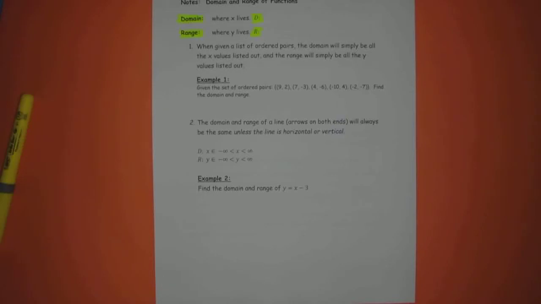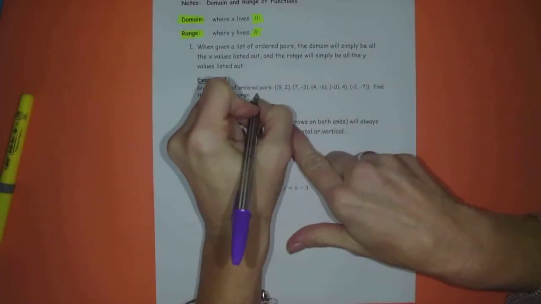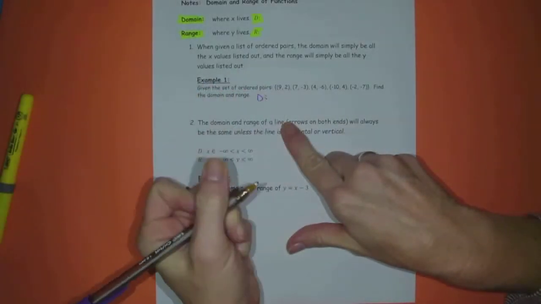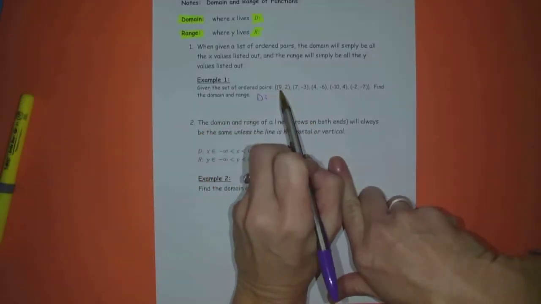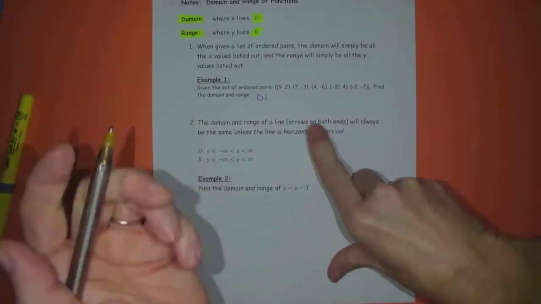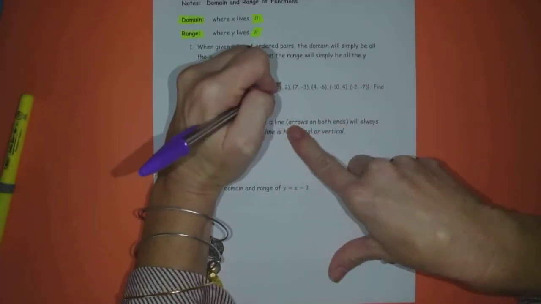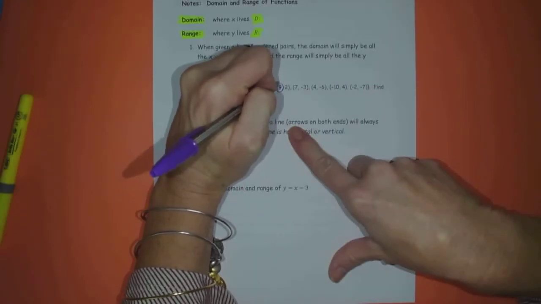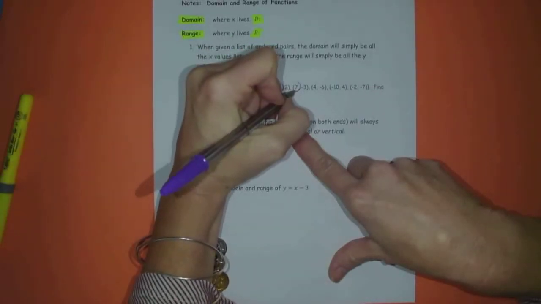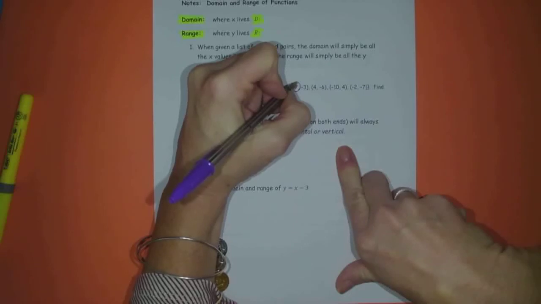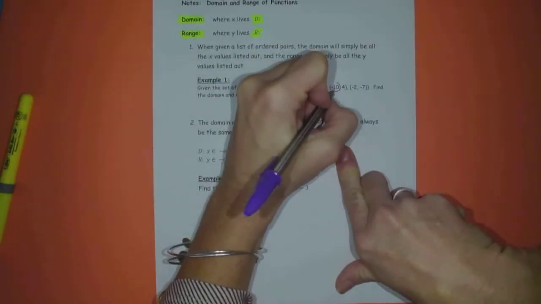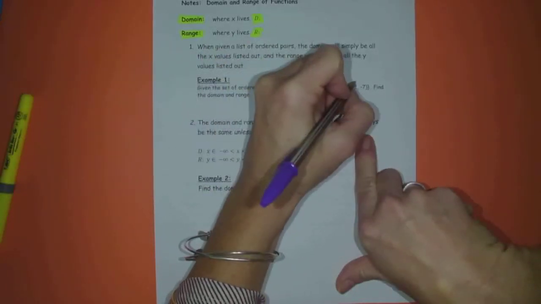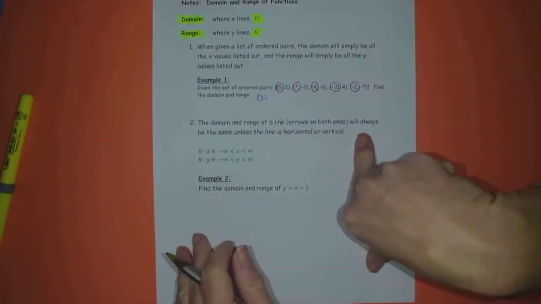You put capital D for domain, and you list out the x's. Now, some people prefer to do it in order from lowest to highest. I happen to be one of those people. So what I like to do is I'll circle my x's first. So here's a 9, a 7, a 4, -10, and a -2.